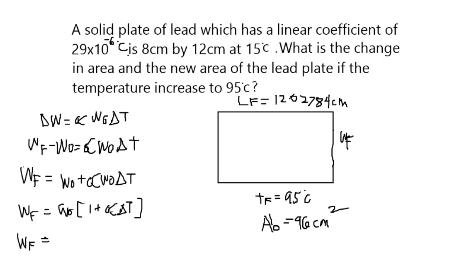So let's just plug in all the values that we know. What's the initial width? It's actually 8. So we got this. The linear coefficient is 29 times 10 raised to the negative 6. And then the temperature change we have is 95 minus 15.